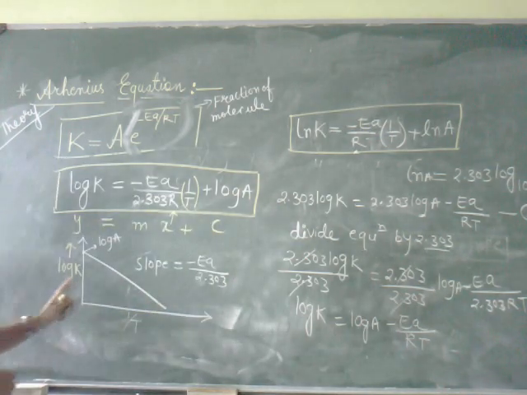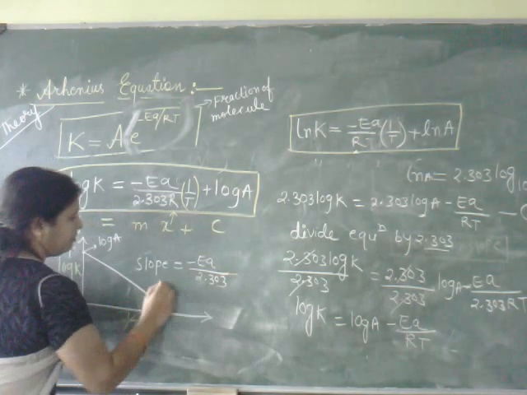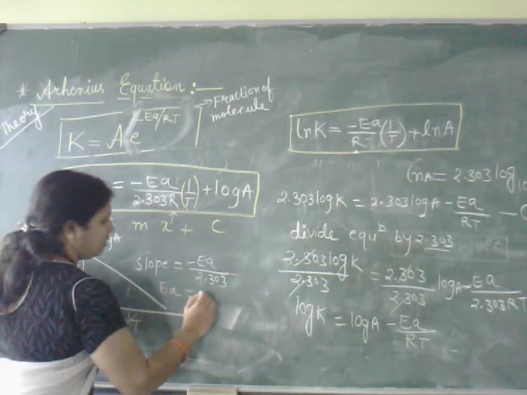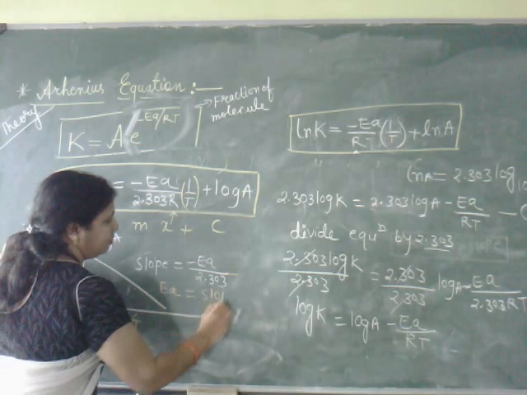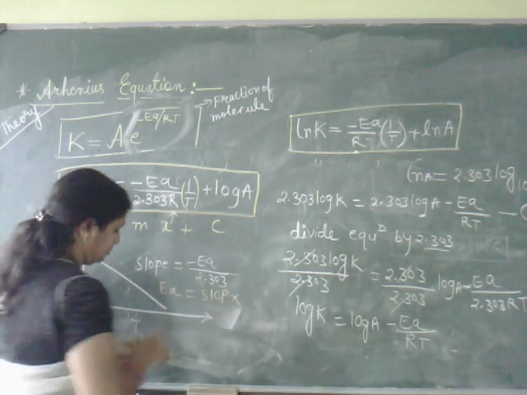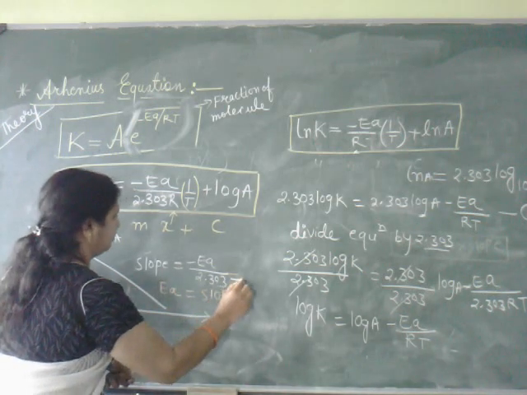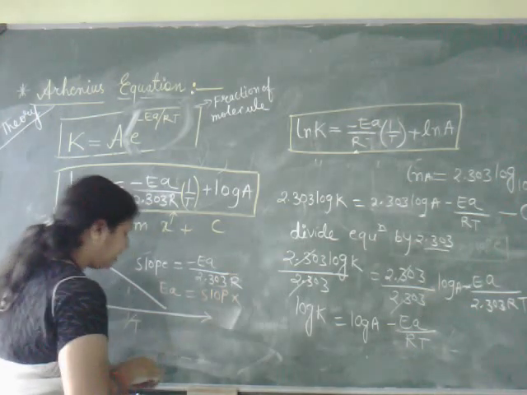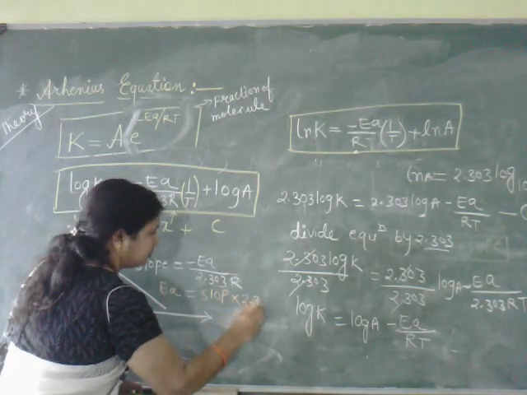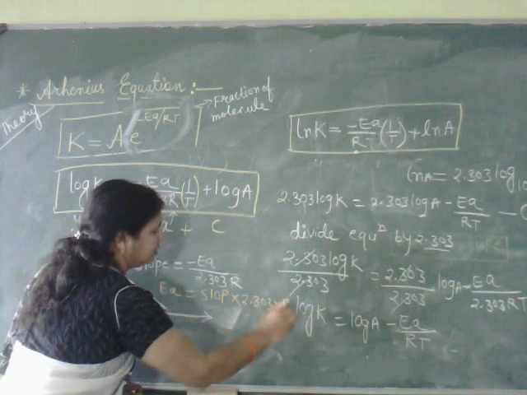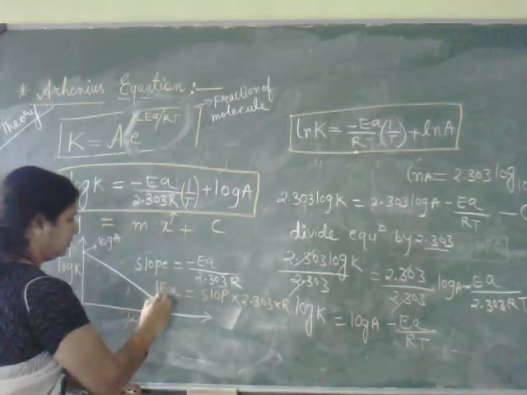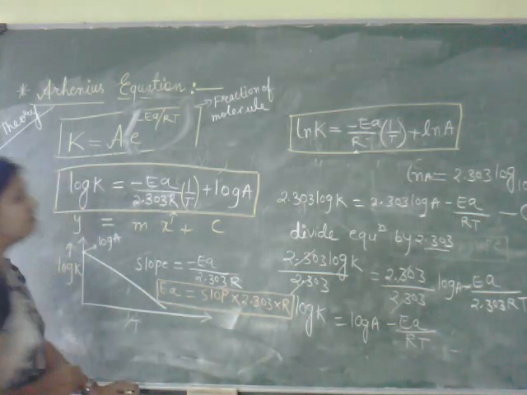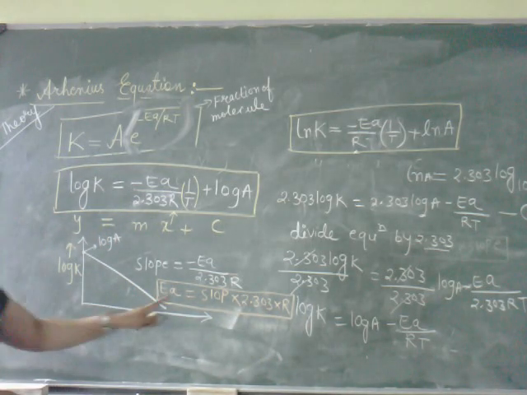Okay, same graph here. We want the EA value, the activation energy value. So what formula will it be? Slope into 2.303 into R. So we get this formula to find out the EA value.